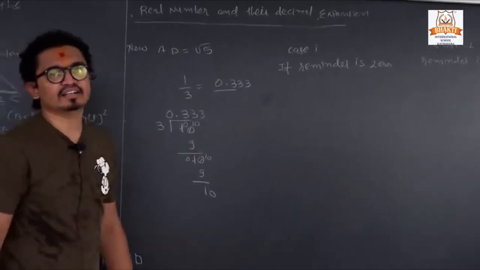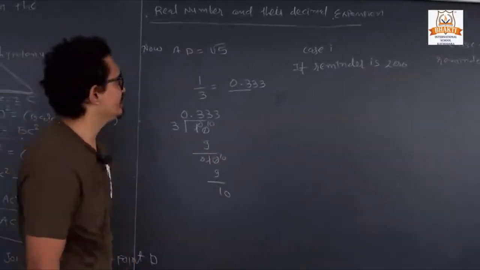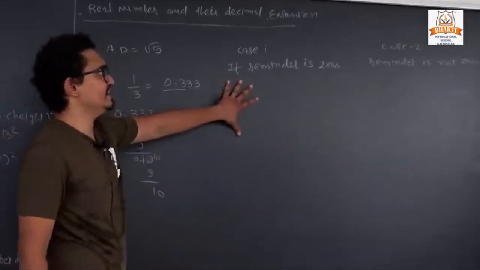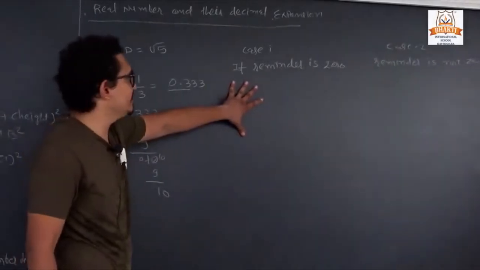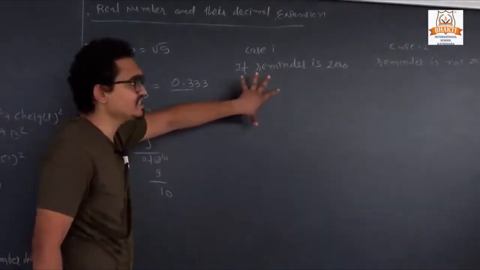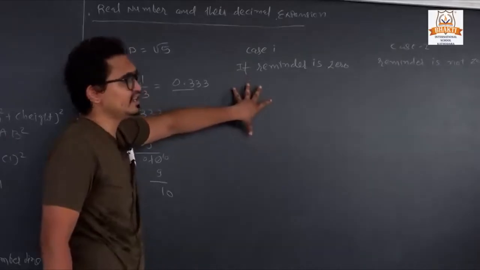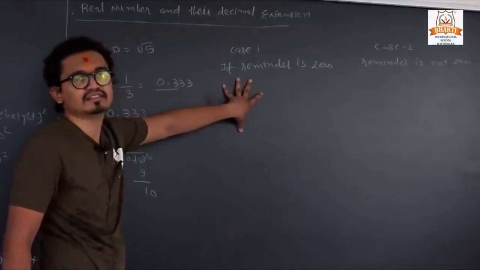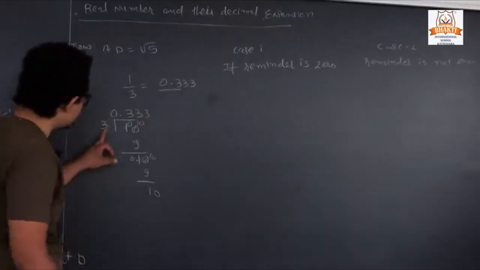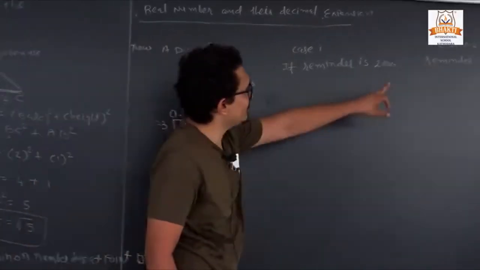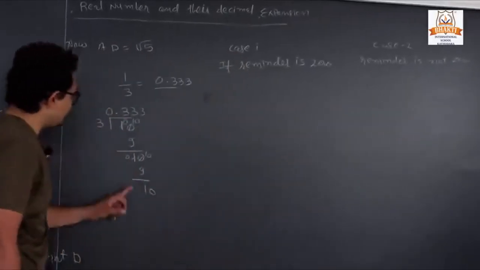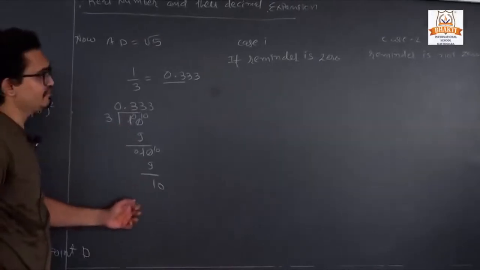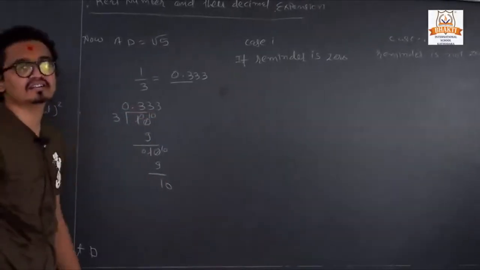In the second case, the remainder is not 0. So we are taking an example of both, so you can easily understand in which case we have a remainder of 0 and in which case we do not. If we perform the division, we cannot get a remainder of 0. So this is the example of that. If we divide further, we perform any number of stages, but we cannot get a remainder of 0.